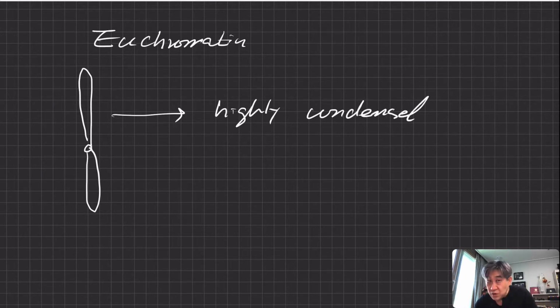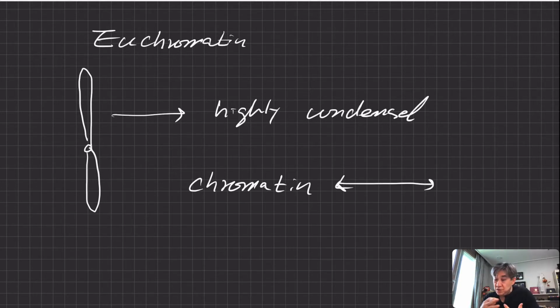Actually, this chromosome is perhaps the most highly condensed structure among the range of different possibilities of chromosome condensation. But even in the status of chromatin, by definition, our genome can switch in its structure between chromatin, which is a relatively relaxed structure, and the chromosome, which is a highly condensed structure.